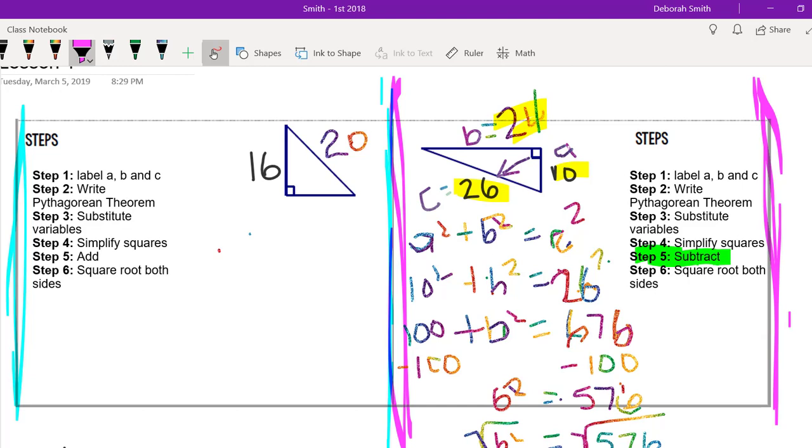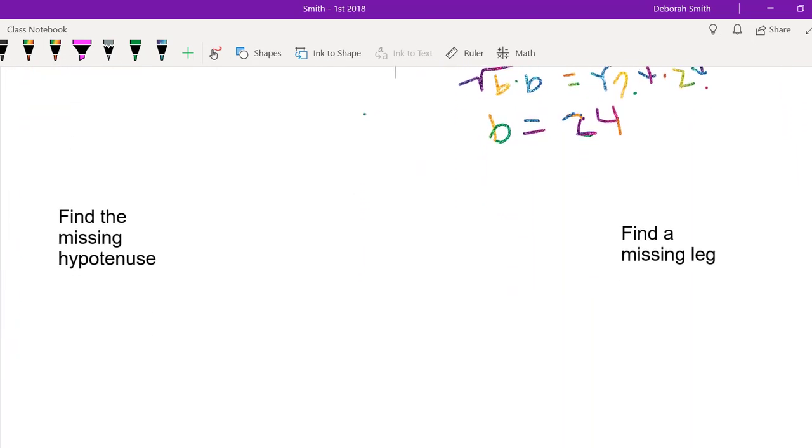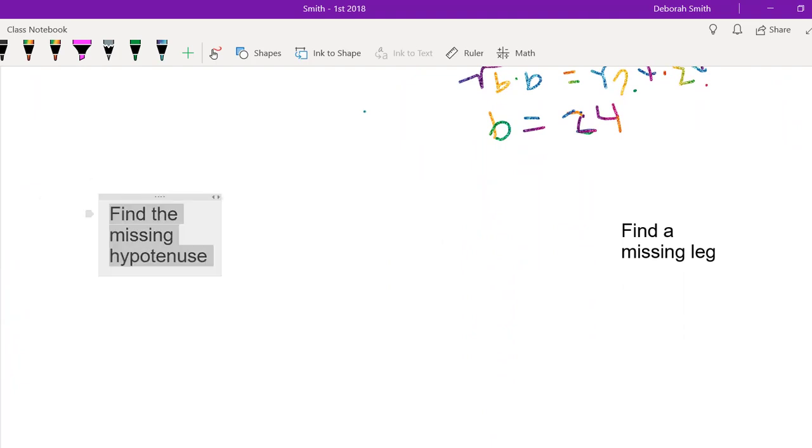And once you do that, you'll have two blank flaps on top. And then there's your titles. On the left side, we've got the directions for finding the missing hypotenuse. On the right, we've got the directions for finding a missing leg.